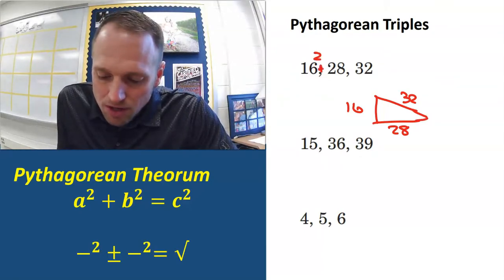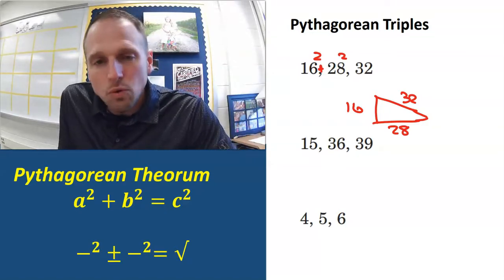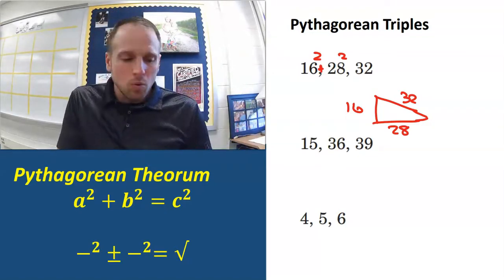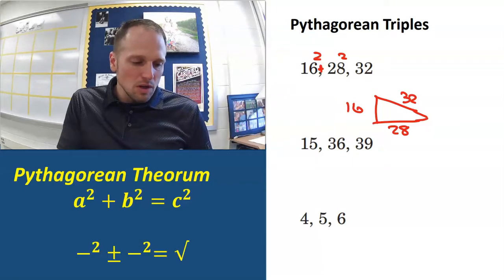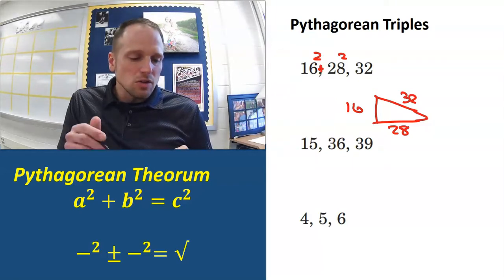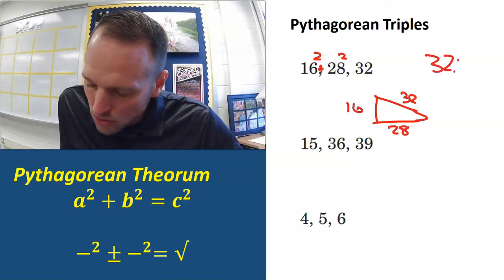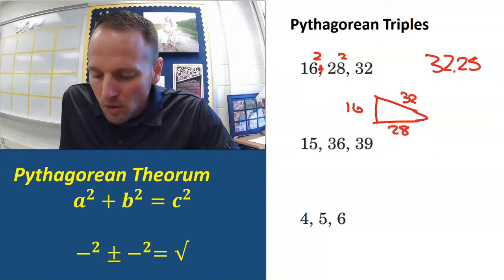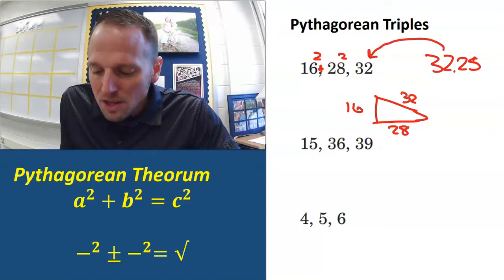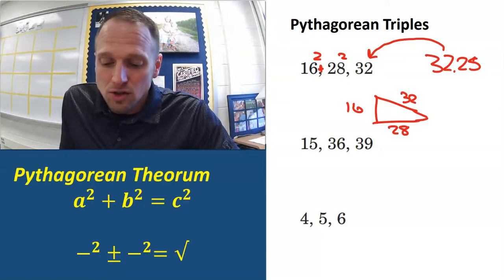And this is just going to be an addition problem. 16 squared plus 28 squared equals square rooted, and that answer is 32.25. What that means is, if this were a right triangle, the Pythagorean theorem said that that would have to be 32.25. That's not the same thing as 32.